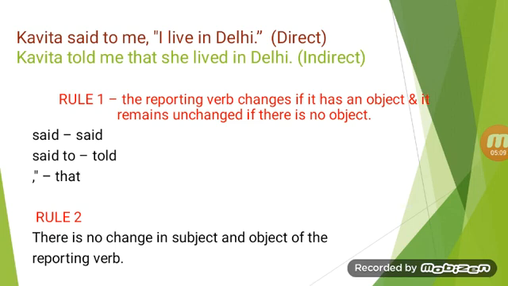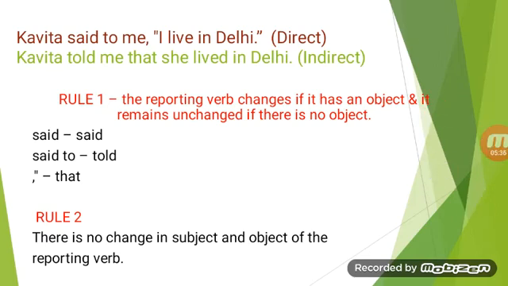So, in direct speech, we can say Kavita said to me, I live in Delhi, and if you change it into indirect speech, then you will say Kavita told me that she lived in Delhi. Now rule number 1 is the reporting verb changes if it has an object and it remains unchanged if there is no object.